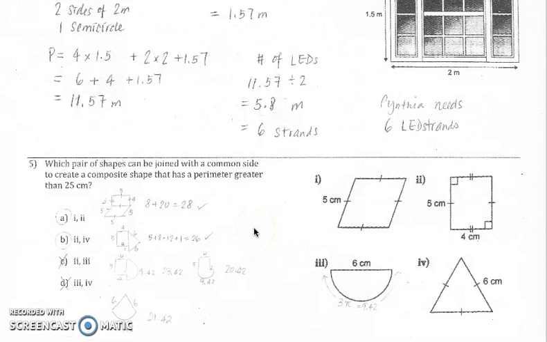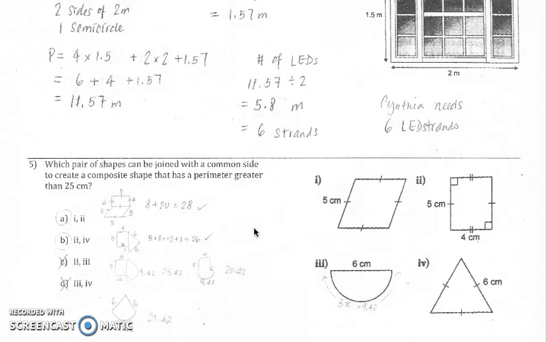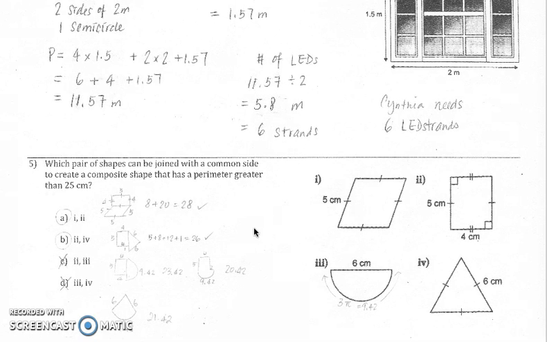Number 5 is a multiple choice question. Which pair of shapes can be joined with a common side to create a composite shape that has a perimeter greater than 25 centimeters?